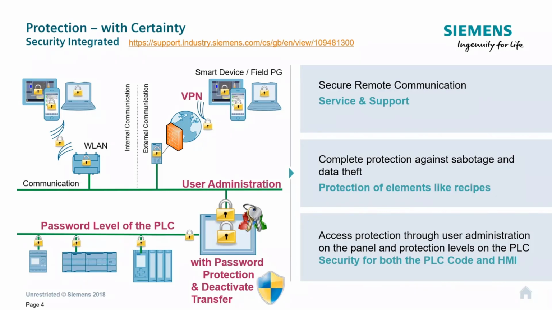Now, the great thing about the passwords is that we can also link these to an Active Directory. And utilizing SIMATIC Logon, we can connect these into the Windows environment and bring all those Windows user credentials down into the HMI.